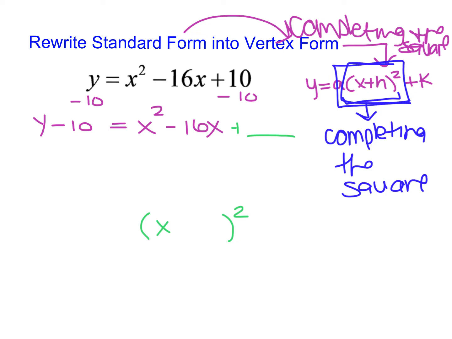That's ultimately my goal. Now, the first thing I have to figure out is what number is going to go inside of that parentheses with x. And this is where our negative 16 comes in handy. So we take our negative 16 and we divide it by 2 to find negative 8.